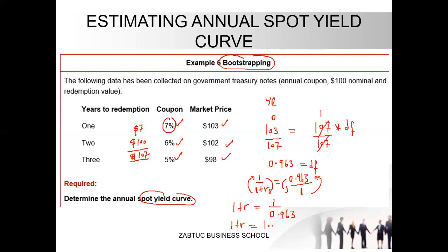1.04. Three decimal places, please. Yes, 3 decimal places. It's 1.038.